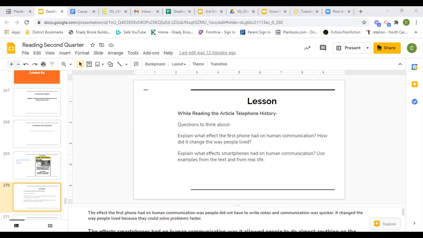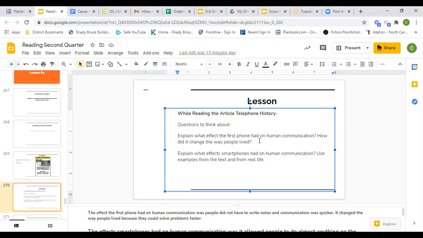So if we go back into our slides, it says, explain what effect the first phone had on human communication. How did it change the way people lived?